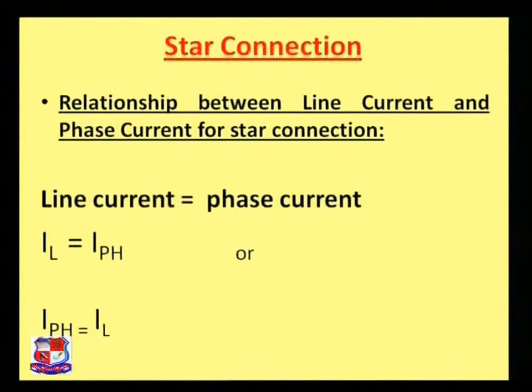For example, if 5 milliamperes is the line current in your star connection, then IPH also becomes 5 milliamperes, because the values of IL and IPH are the same in a star connection. So we can say that IL equals IPH or IPH equals IL in a star connection.